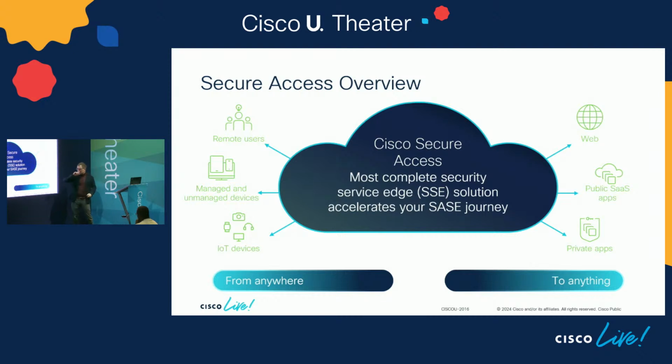So Secure Access actually solves an industry-specific problem. It solves how do we help these users, devices, things, branches to connect to applications. This could be web applications, public SaaS applications, private applications, in one experience from anywhere in zero trust principles to anything.